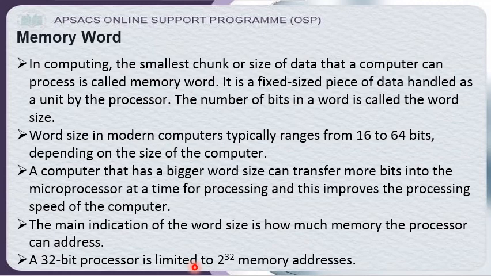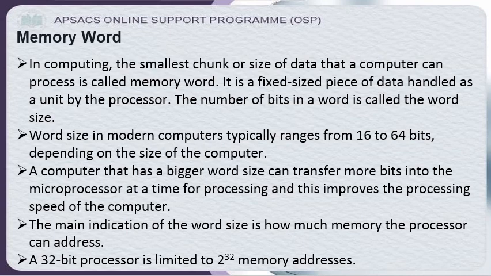It means your 32-bit processor can support only 4 GB RAM. If you increase the capacity of RAM inside your 32-bit processor, the slot will be filled, but it will not show in your operating system.